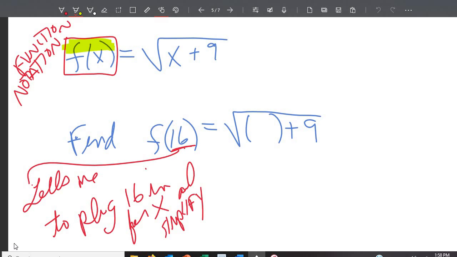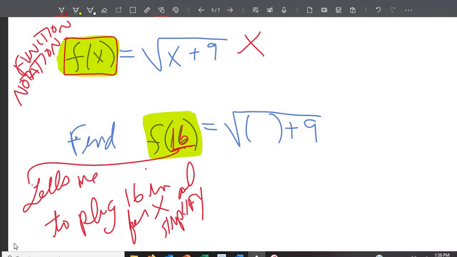This is called function notation. This is telling you to evaluate the function. When it puts a number in the parentheses, that's telling you the number to plug in for x.